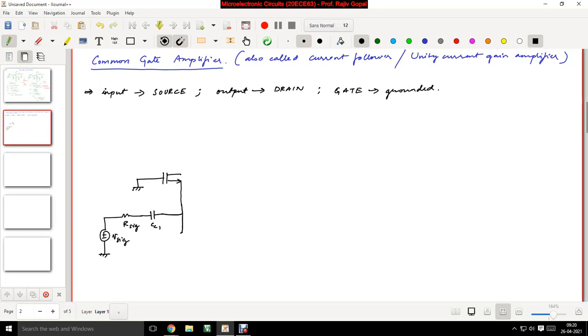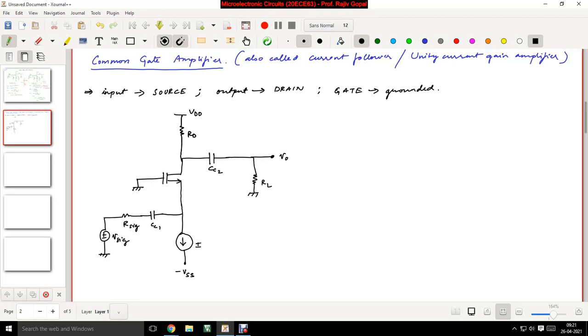From here I have a biasing scheme using a current source I, which goes to minus VSS. From the drain you have CC2, another coupling capacitor, and a load resistor RL going to ground, and this is V0. Here you will have VDD and RD.